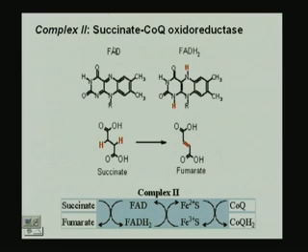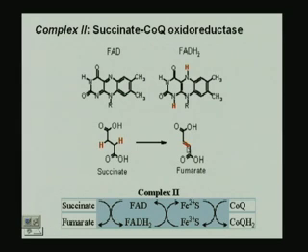Complex 2. Complex 2 does not transfer any protons. This is one example that I think I mentioned when we did FAD and FADH2. In the use of FAD and FADH2, succinate goes to fumarate. So, we have a double bond formation here.